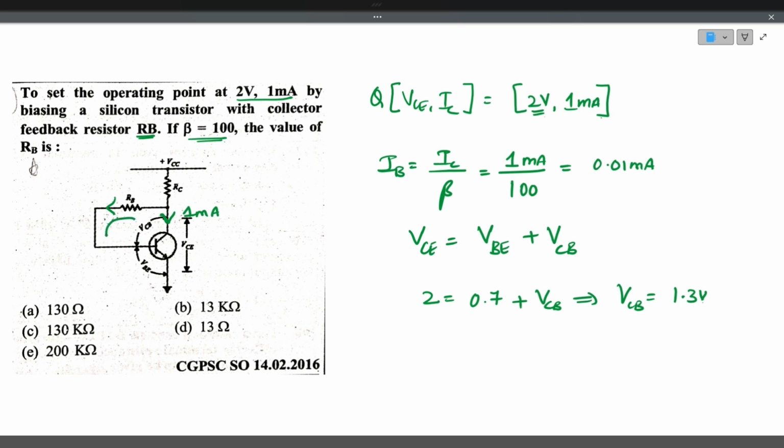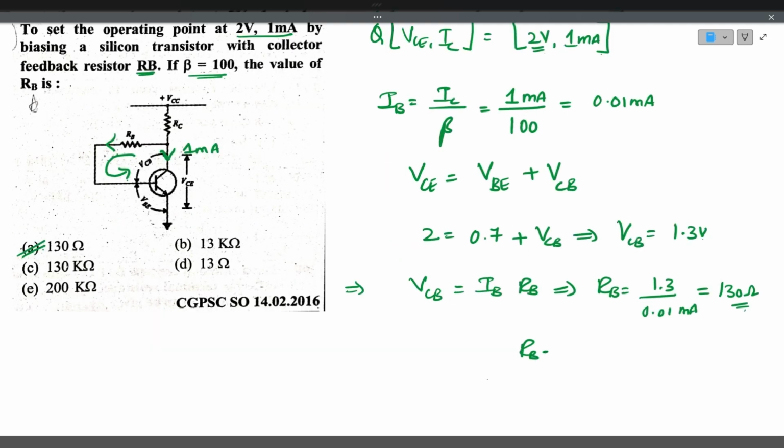If you apply Kirchhoff's voltage law in this particular loop, you will get VCB equals IB times RB. So the base resistance RB equals 1.3 divided by 0.01 milliamps.